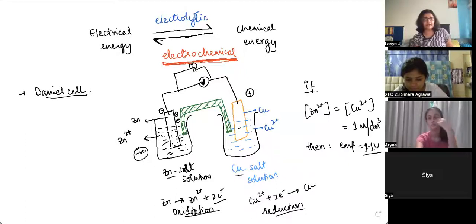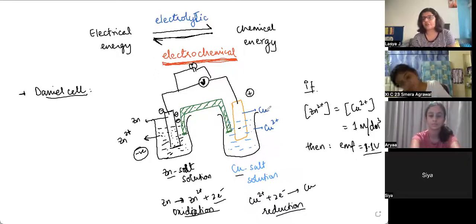Why is it a cell? Why is there flow of electricity? It's because of the difference in the tendency of getting oxidized or reduced between zinc and copper. Zinc can get more easily oxidized compared to copper, so this is the one that's going to release electrons at a much faster rate. Copper also can produce electrons, but because it's at a lower rate, zinc is going to dominate in the oxidation.